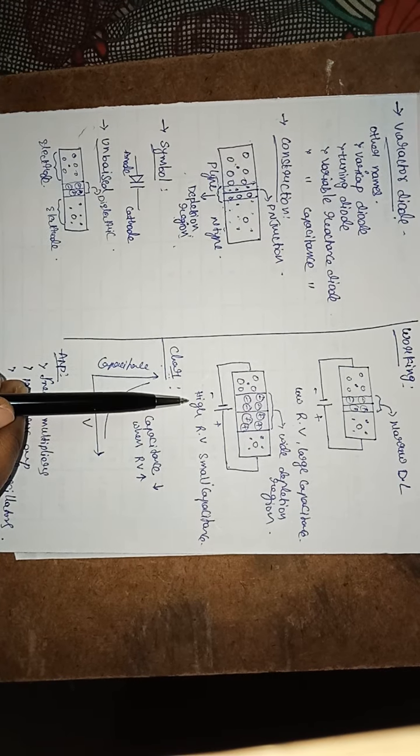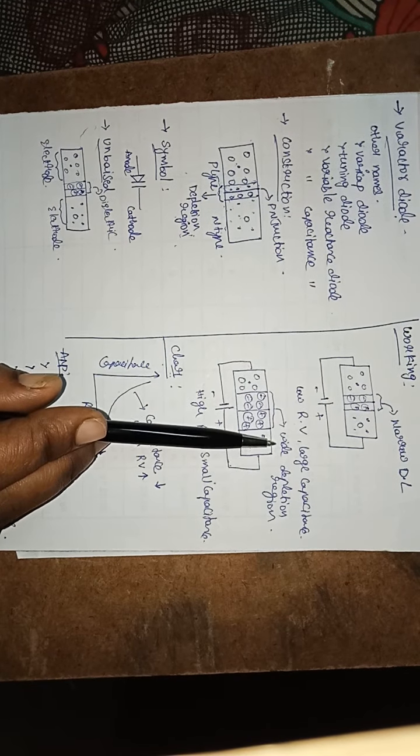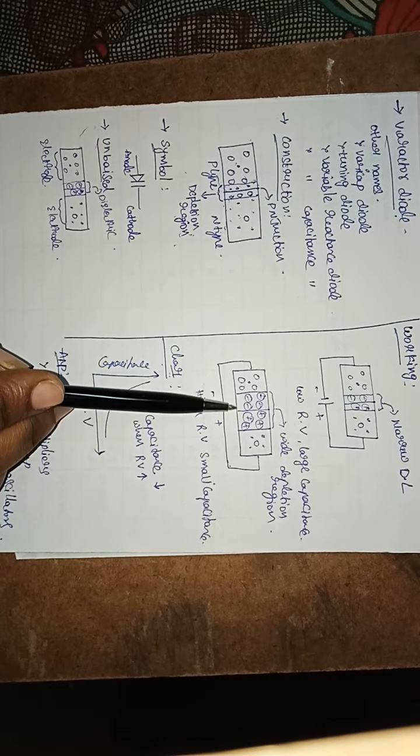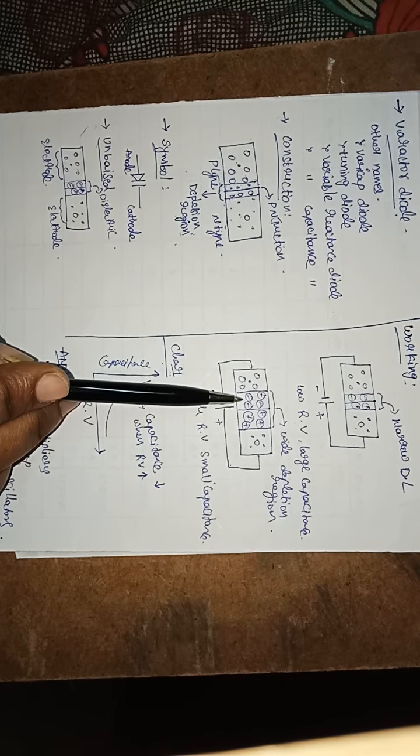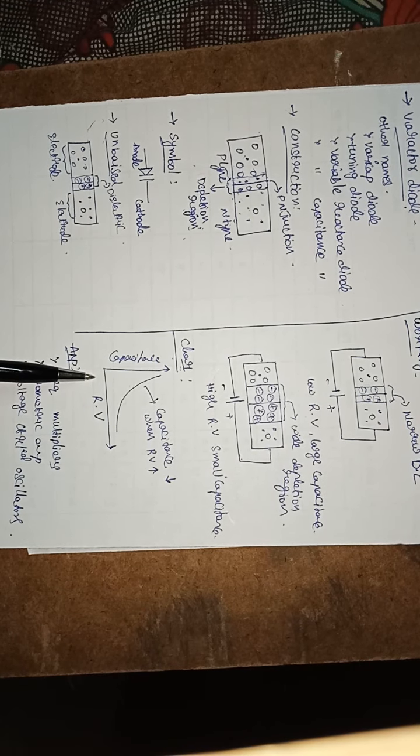Whenever we increase the reverse voltage, the capacitance will decrease, and the depletion region will increase, because the electrons and holes are repelled, so the depletion region increases.